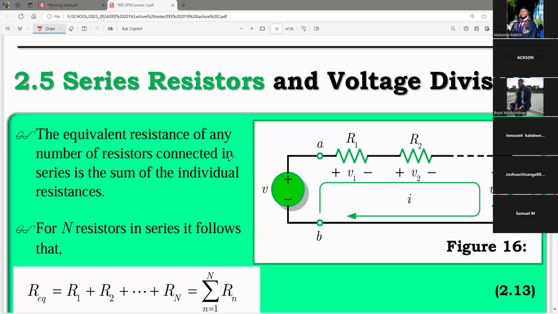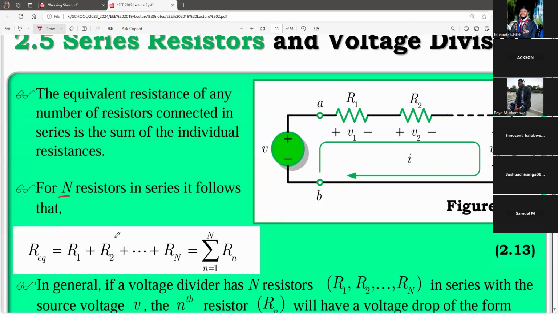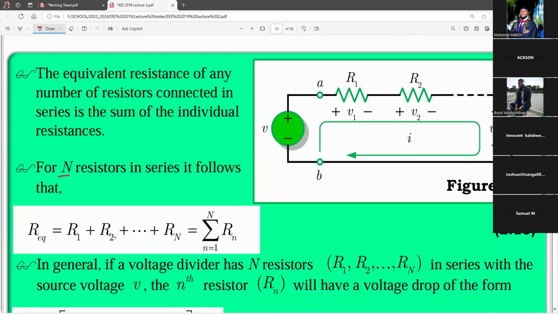If you are given n number of resistors, like 100, 1000, or 5, the resistance you would get, Req, should be equal to just the sum: 2 ohms plus 4 ohms plus 7 ohms plus 9 ohms plus 10 ohms, like that.